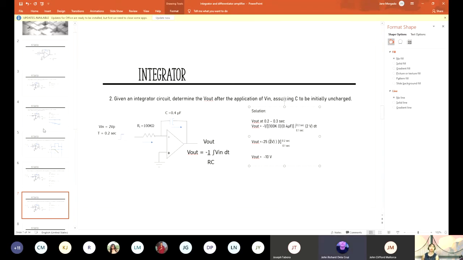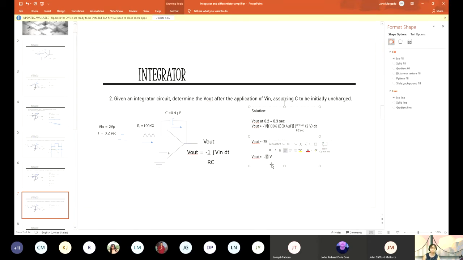The input is 0 volts. 0 from 0.2 to 0.3. So of course, still the answer is 0.